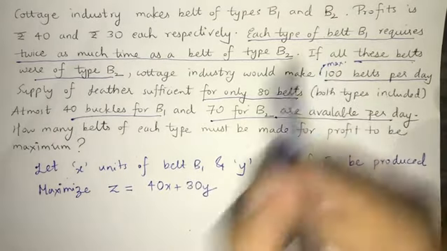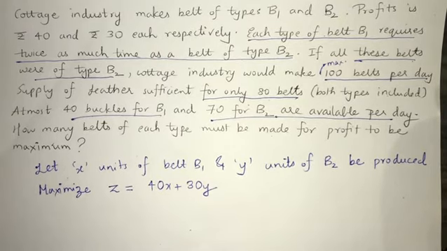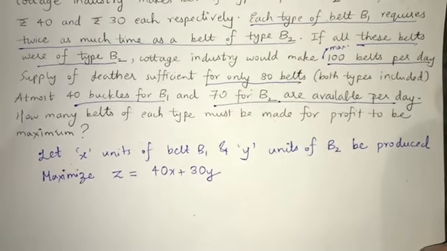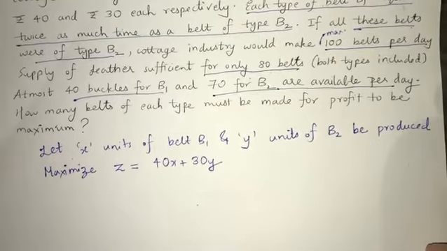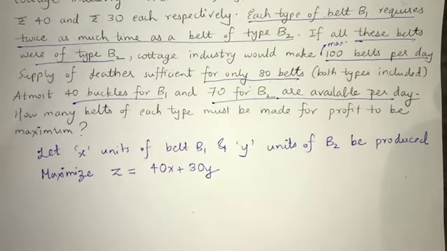This statement is very important. Each type of belt B1 requires twice as much time as belt of type B2 needs. Okay, so understand how that will be helpful for us to frame a constraint.